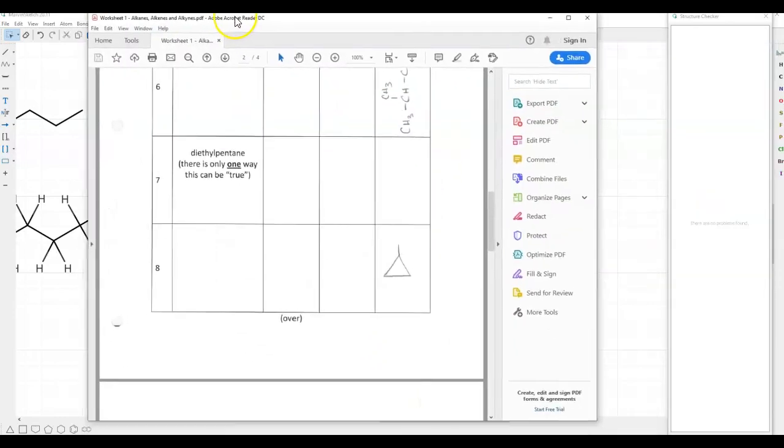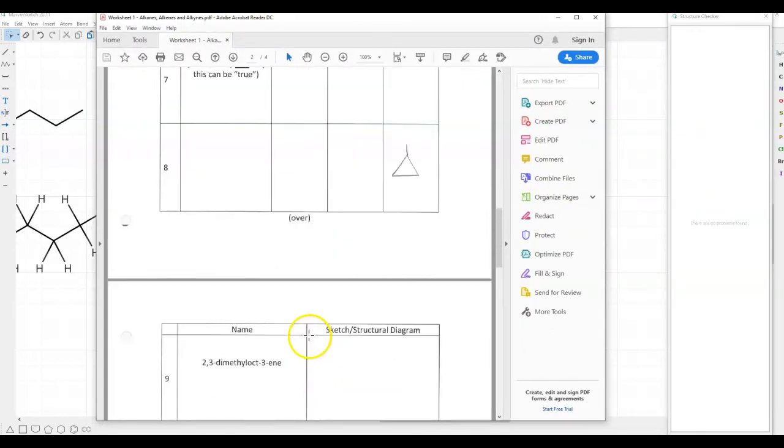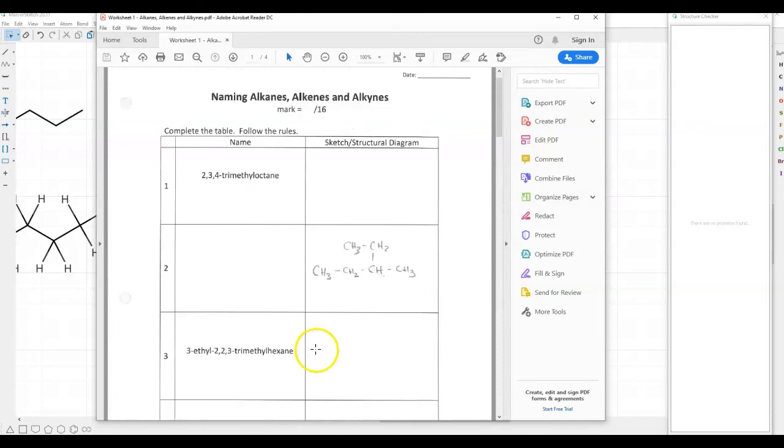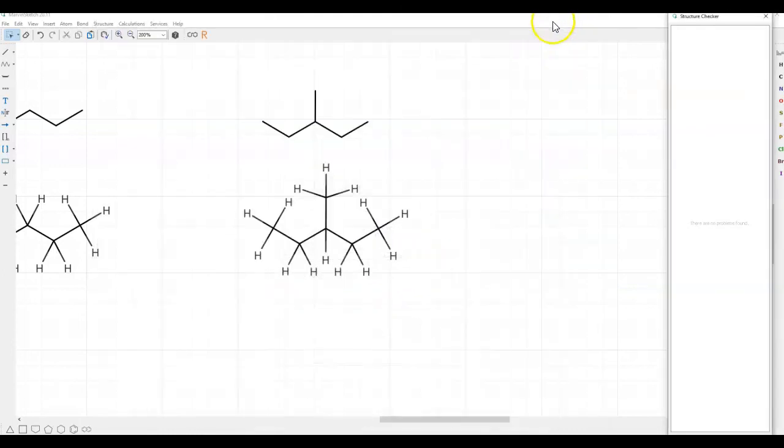This example, just for fun, is what I drew up here. This structure is 1, 2, 3, 4, 5 carbons for the parent chain with a methyl group coming off of carbon 3. So here is your expanded diagram, and you would actually have C's written at each of these points here.